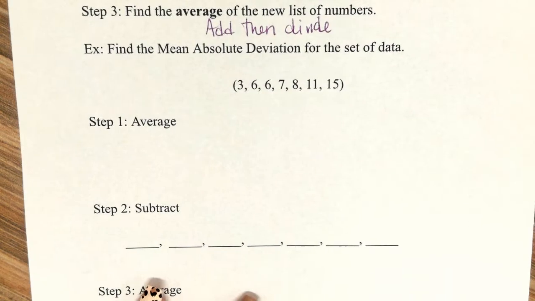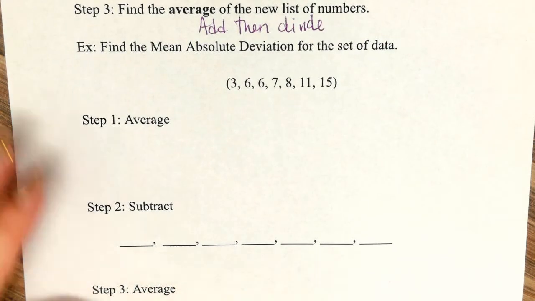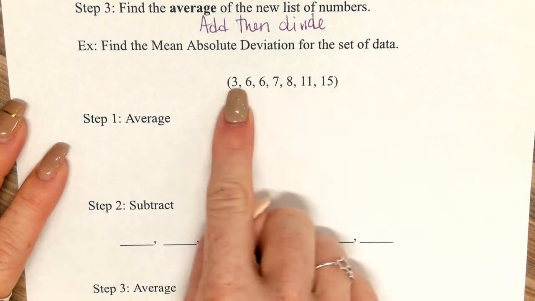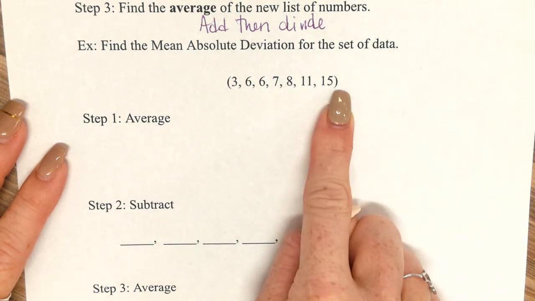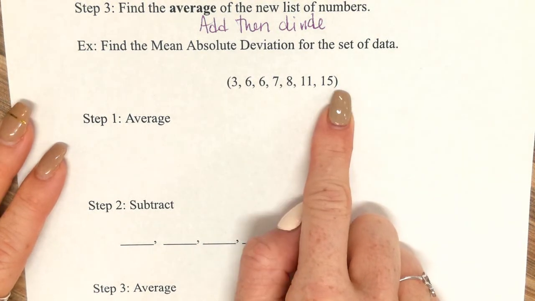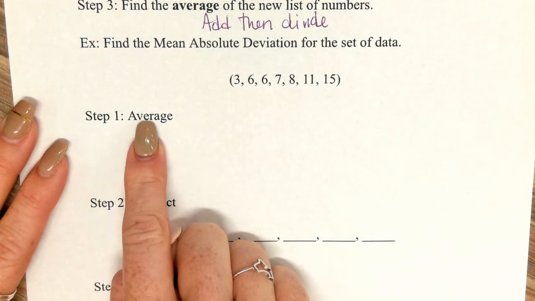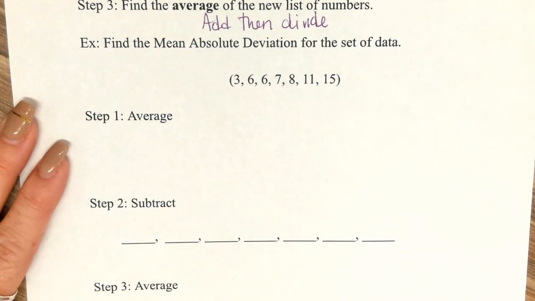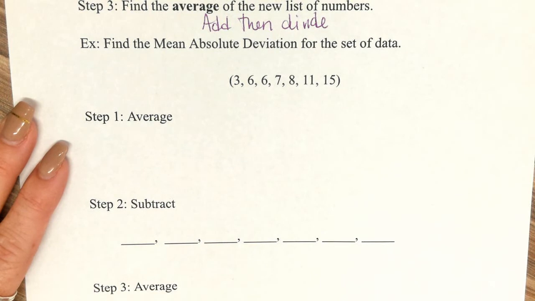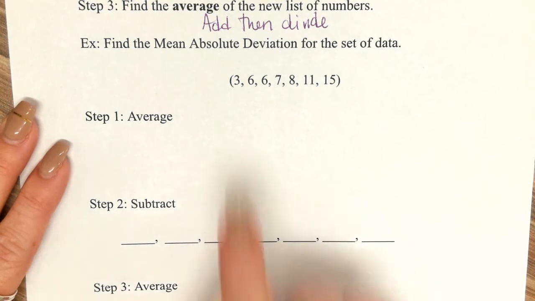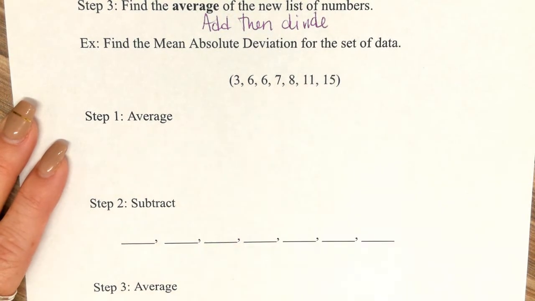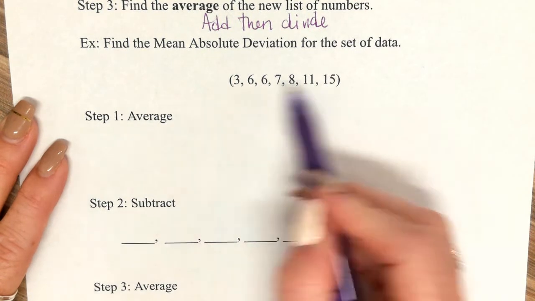So let's look at the first example, which is these numbers right here. To find the mean absolute deviation, what does step 1 say you're going to do? Average. And again, how do we average? Add these numbers, and then we're going to divide by how many numbers there are.